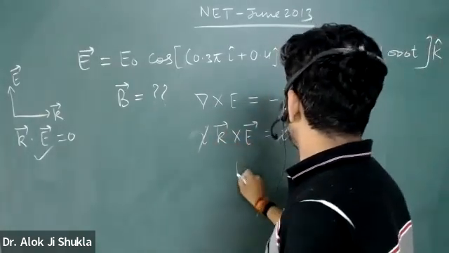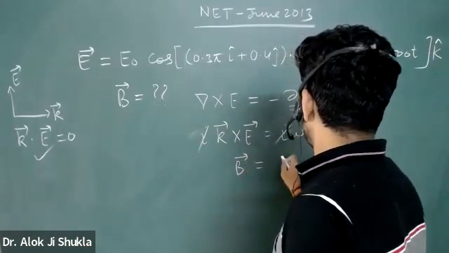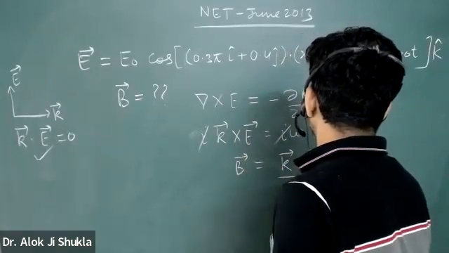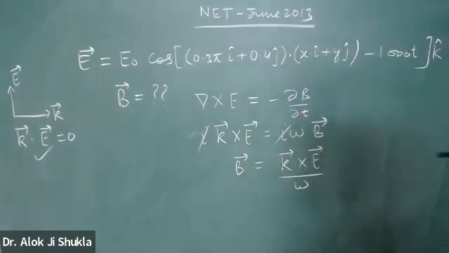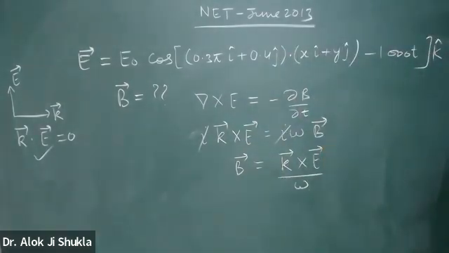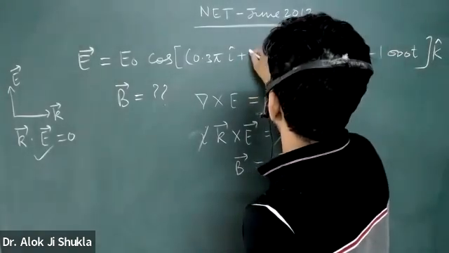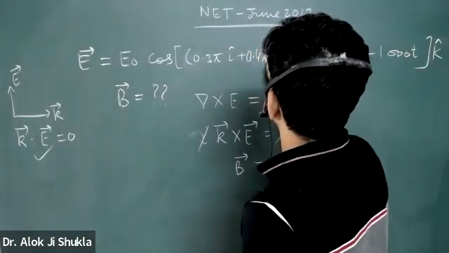So what is B is equal to K cross E by omega. देखो समझ आ रहा है? 0.4 pi भी होगा. It will be 0.4 pi.